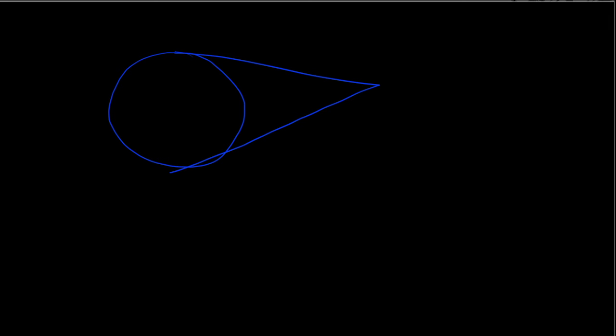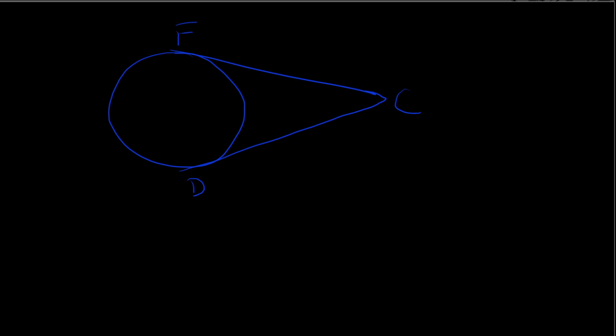All right. Let's look at another one. Given another circle, we have two tangent lines, like that.